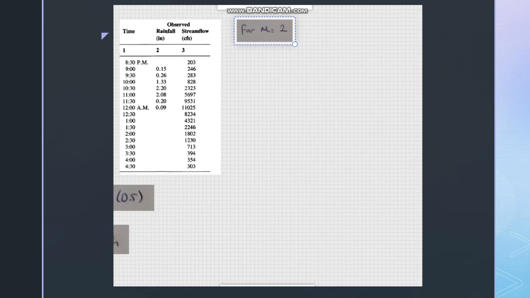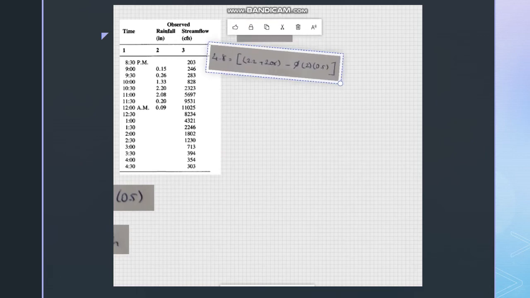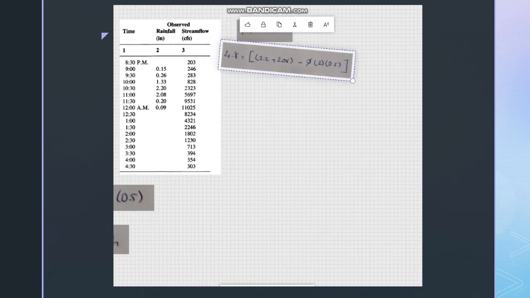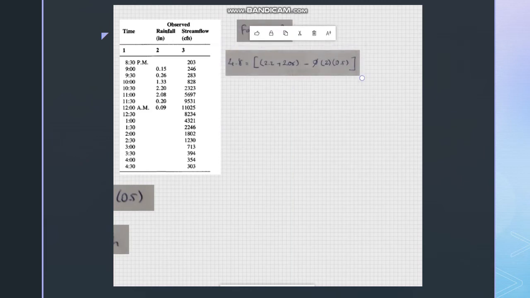Then we substitute these terms into our formula, which results in 4.8 equals 2.2 plus 2.8 minus 2 times phi index, and the interval is 0.5, so 2 times the interval, right?